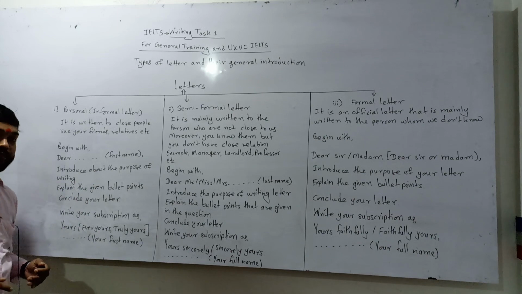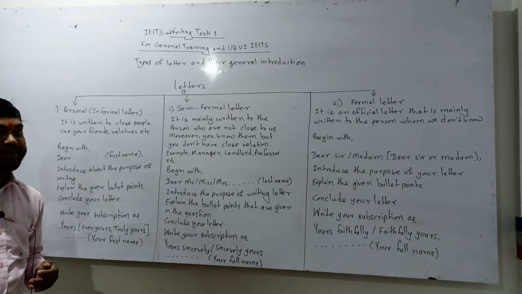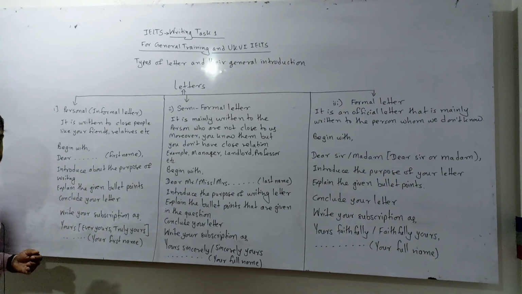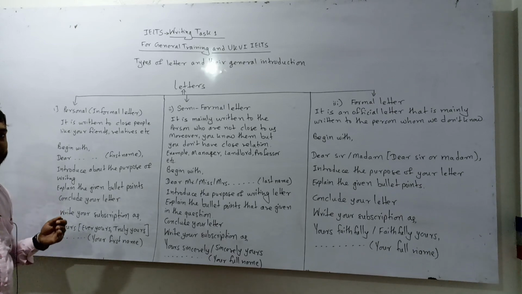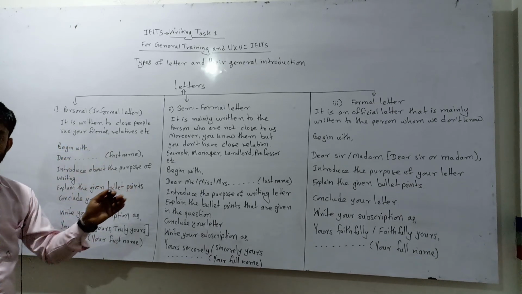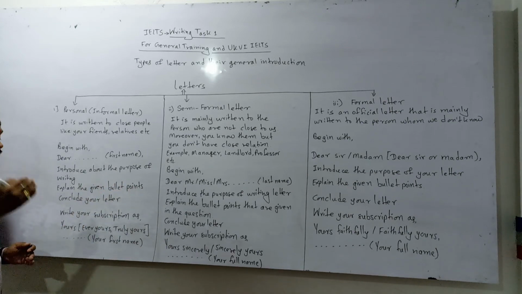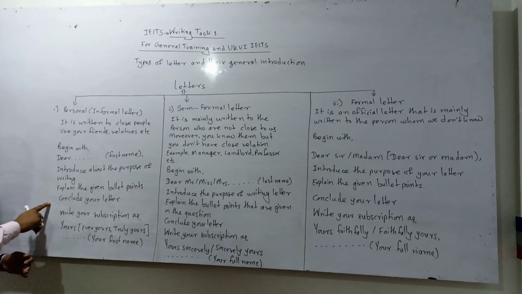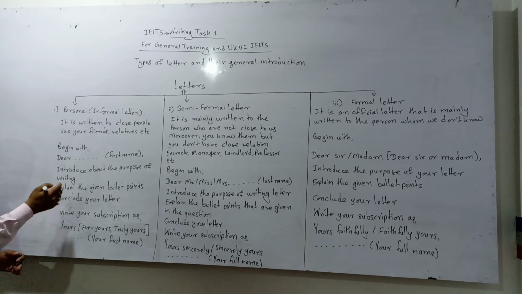Explain the given bullet points. You will face 3 to 4 bullet points in Writing Task 1, and you should mention them in your main body paragraphs, the second or third.